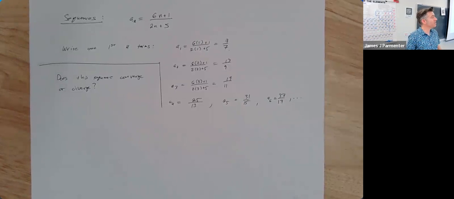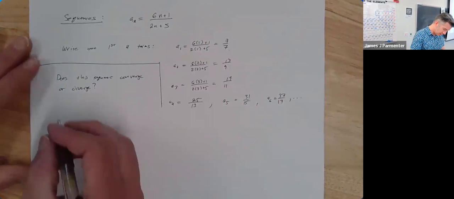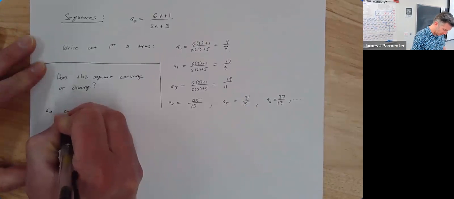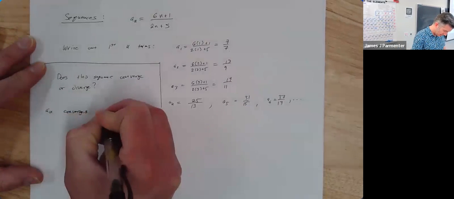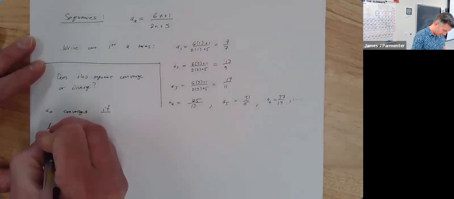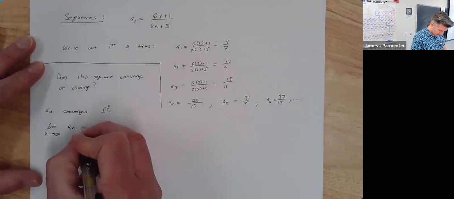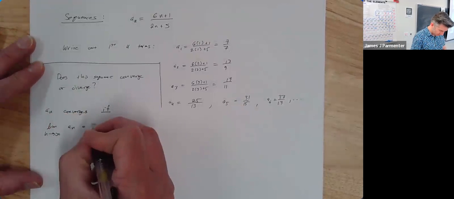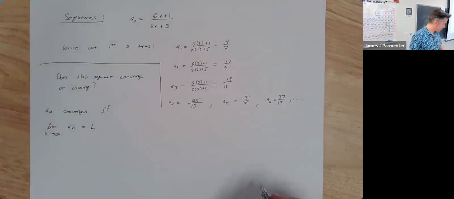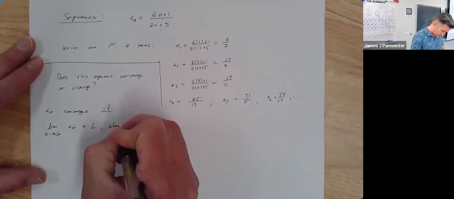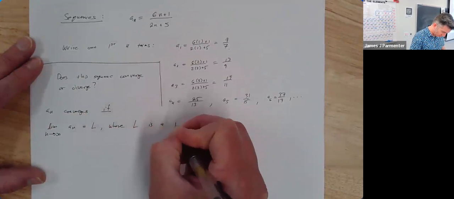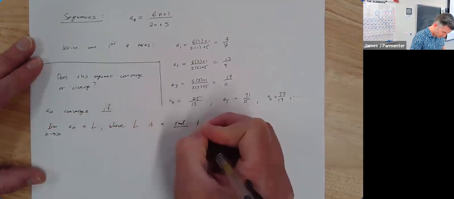A sequence is said to converge if the limit as n goes to infinity of that sequence exists. So a_n converges if the limit as n goes to infinity of a sub n exists and is equal to L, where L is a real number.